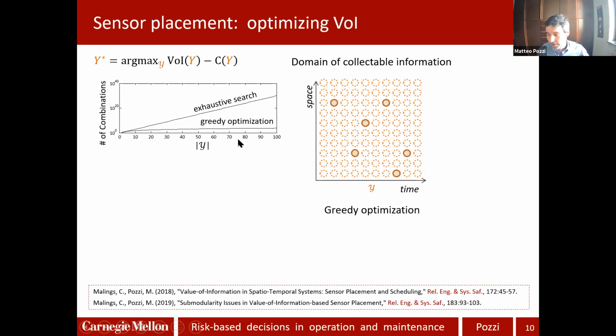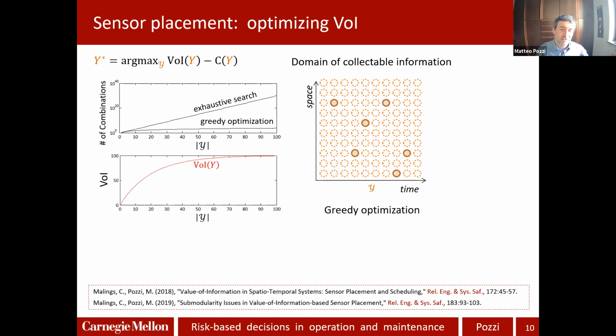Of course, you are suboptimal, but in many cases, what you observe is that you can get pretty effective results by following this optimization. And generally, what happens is that the value of information goes up when you are considering larger and larger sensor networks, because you are collecting more and more information. However, the information is more and more redundant.